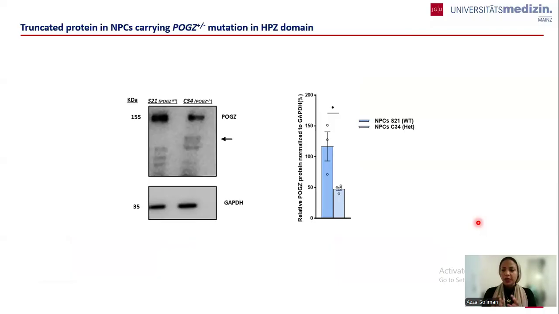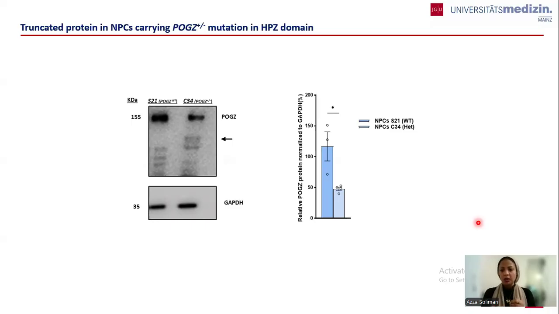Then we came up with a bit of a hypothesis as to why we see this phenotype, more MAP2 positive cells, or what we call more differentiation, in the female cell lines and not in the male. Because of the mutation, actually, if you remember, in exon 17, so it's a bit late, close to the C-terminal of the gene, we might have a truncated protein.